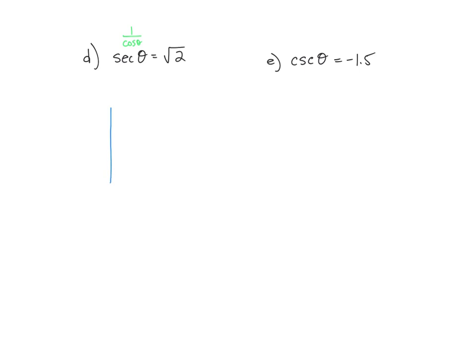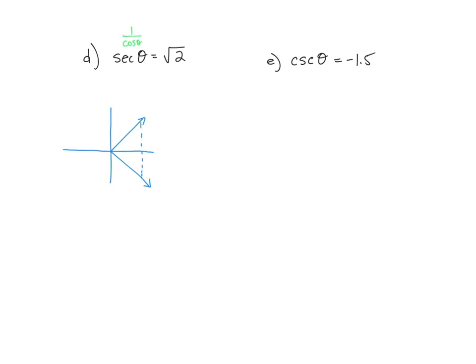So we can think about where cos is positive. Cos is positive where our adjacent sides are positive, which means secant would also be positive in those quadrants.